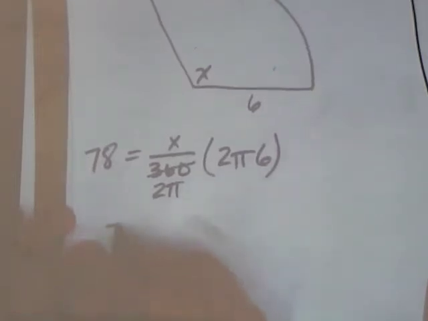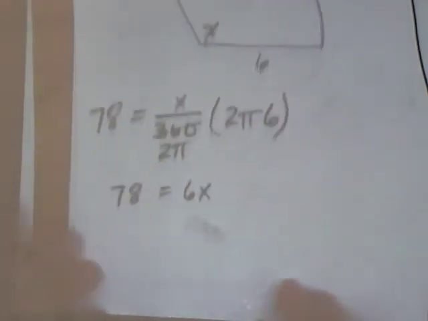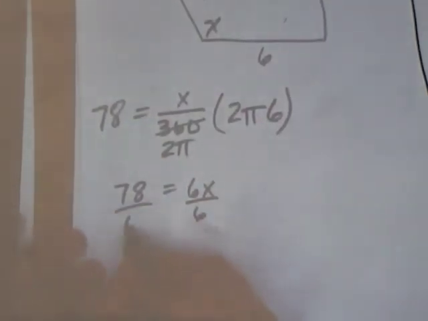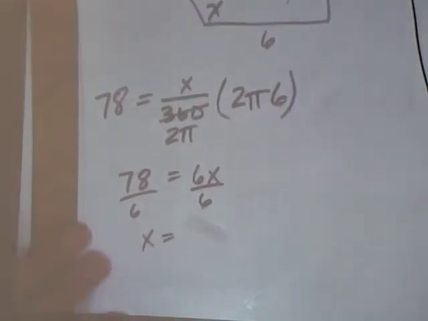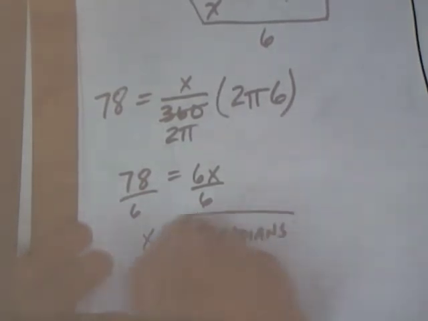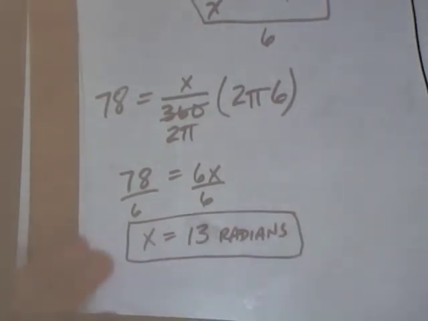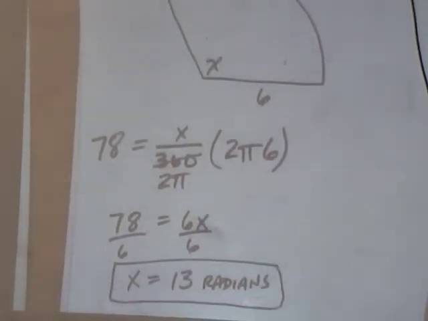So we end up with 78 equals 6x, right? X is equal to 13. 13 radians. Questions on 15?